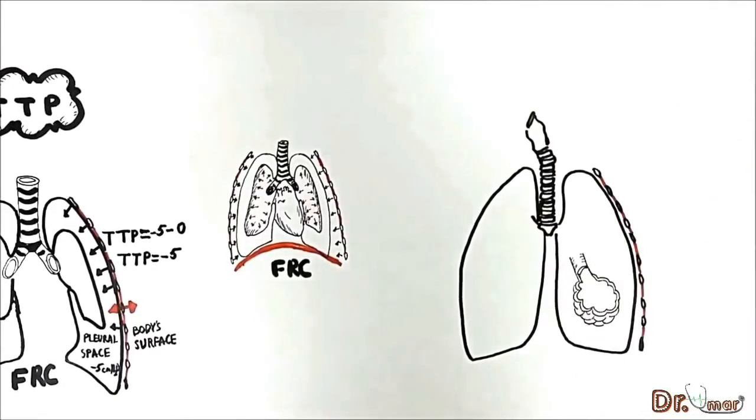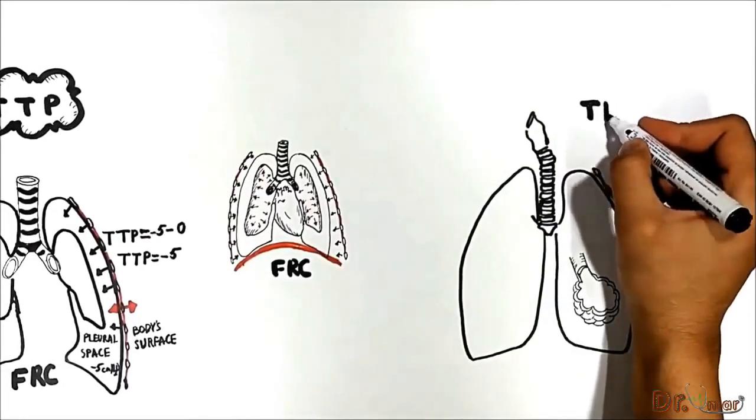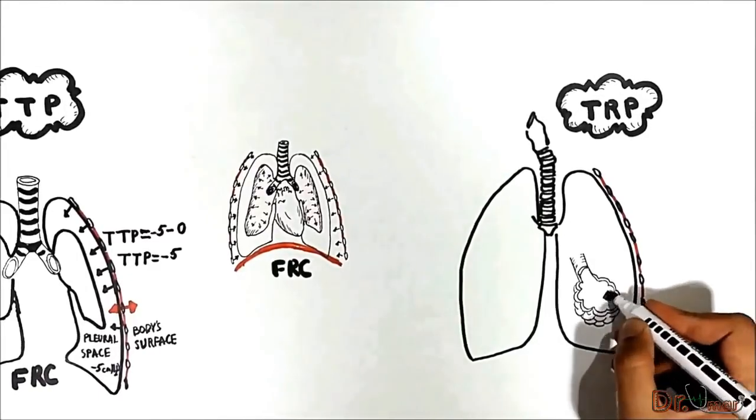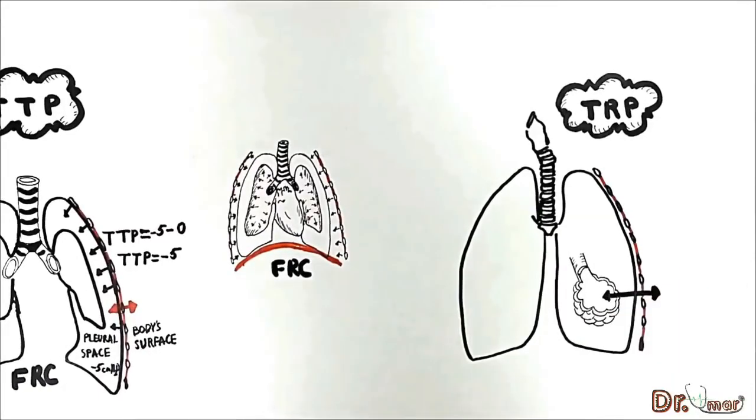The third and final important transmural pressure is transrespiratory pressure. Transrespiratory pressure is the pressure difference between the alveolar pressure and the atmospheric pressure. It is a pressure across the whole chest wall, pleura, and lung. Let us calculate it at FRC.